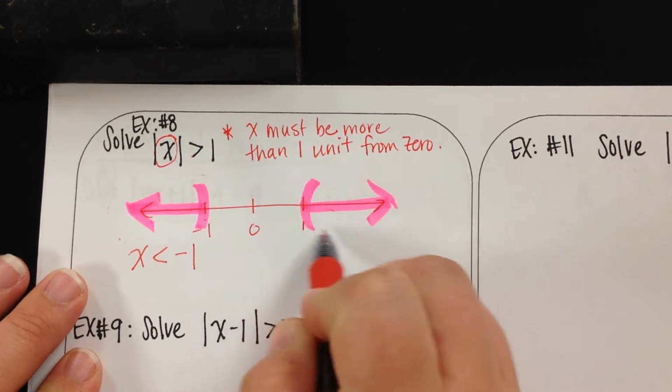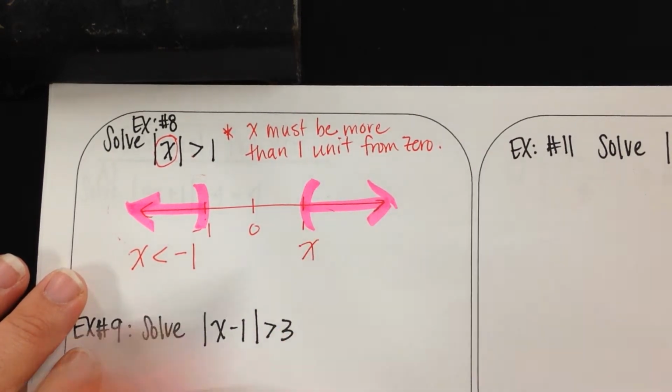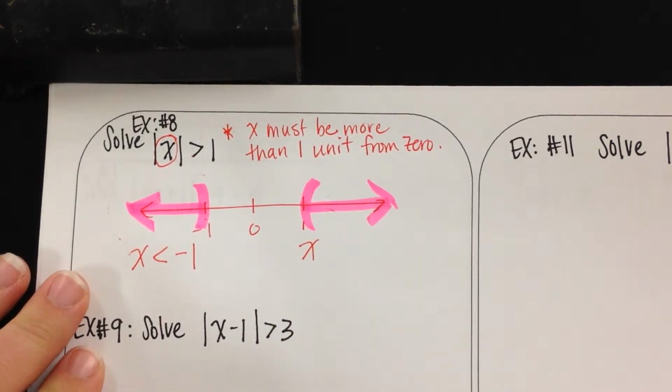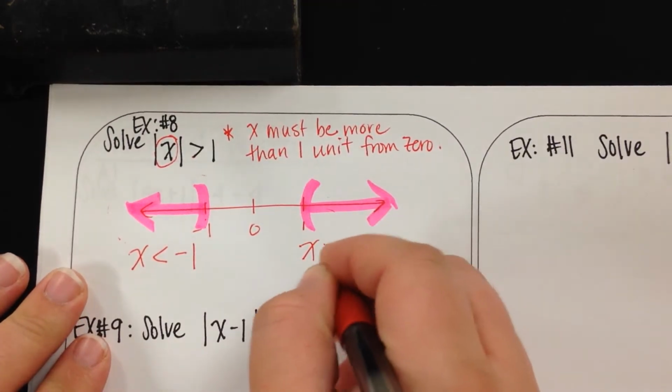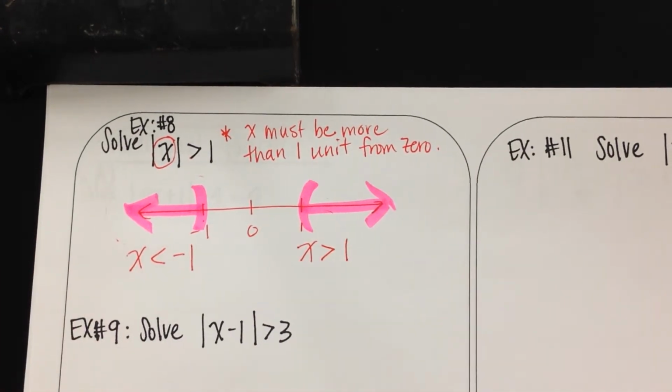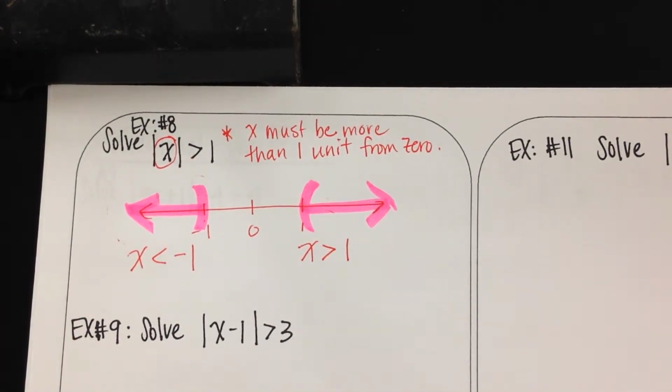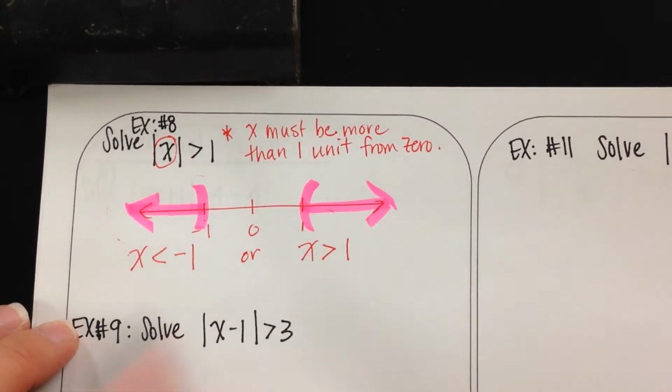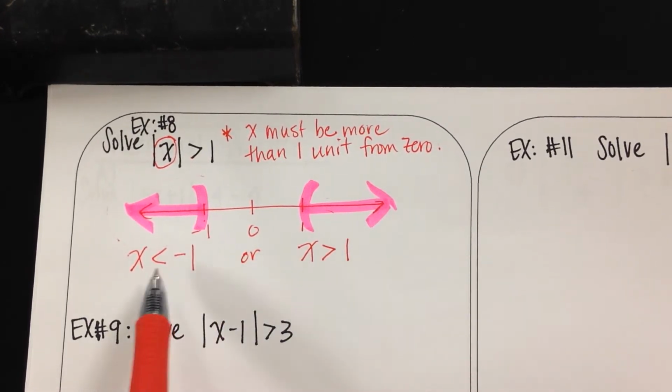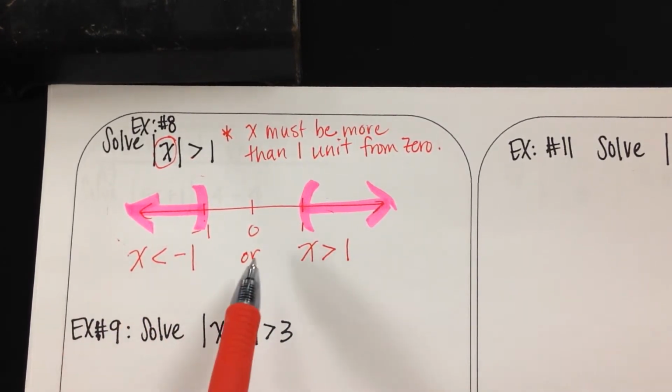And this portion of the graph represents everything as far as x is what? Greater than 1, right? Perfect. Now, looking at the graph, what kind of graph is this? Is it conjunction or disjunction? It's disjunction. We have that or statement. So x represents values that are either less than -1 or greater than 1.